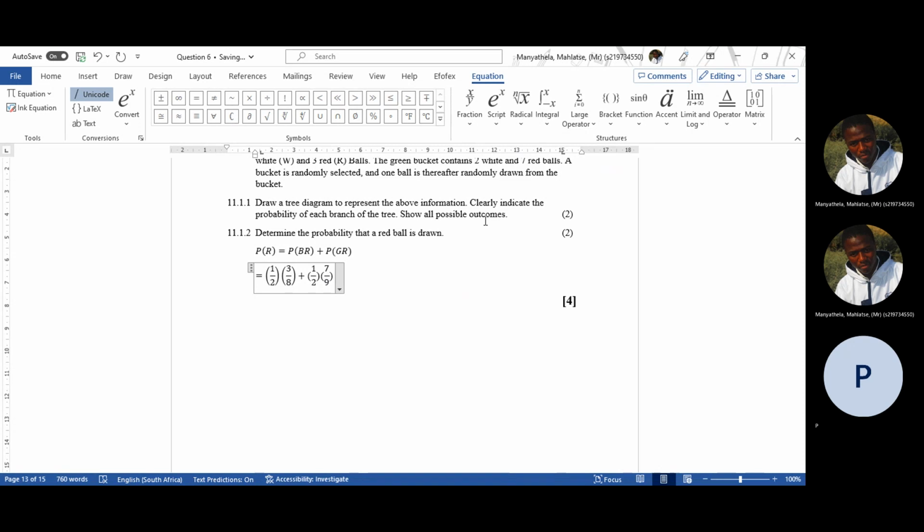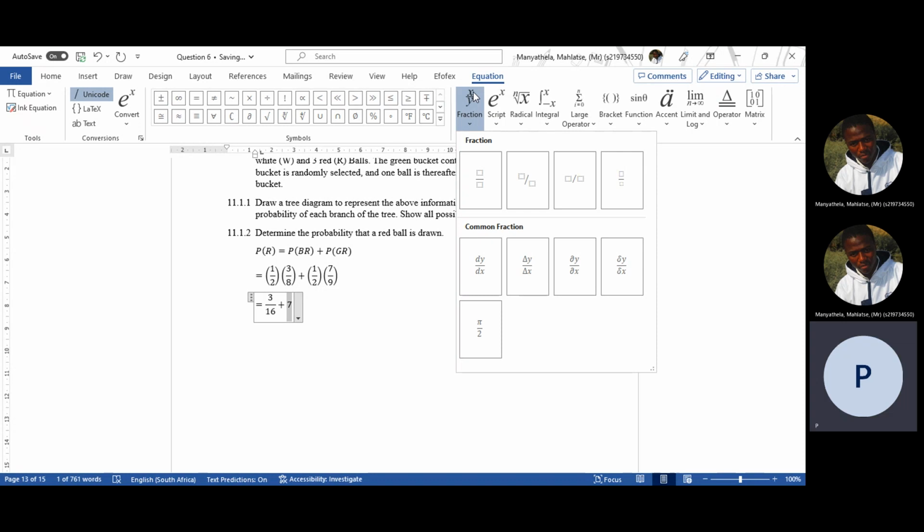Using a calculator, or maybe let's first simplify, which equals 1 times 3 is 3 and 2 times 8 is 16. So we'll have 3 over 16 plus 7 over 18. 9 times 2 is 18.